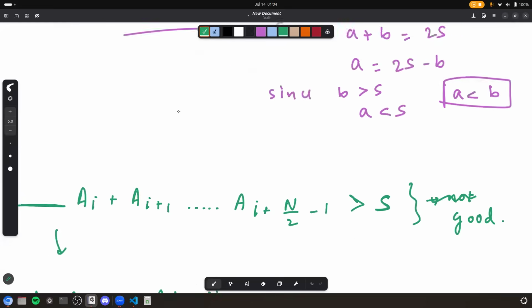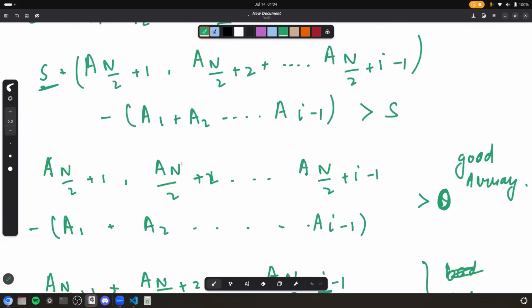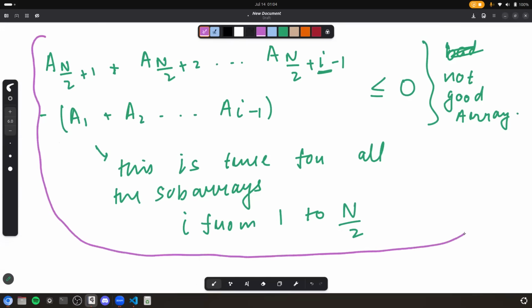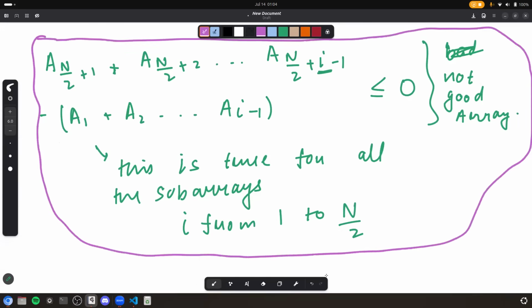And since we generalized the subarray to be ai to a(i+n/2-1), we need to have i from 1 to n/2. So we need to calculate how many arrays satisfy this condition from i equal to 1 to n/2, and that would be the number of bad arrays.